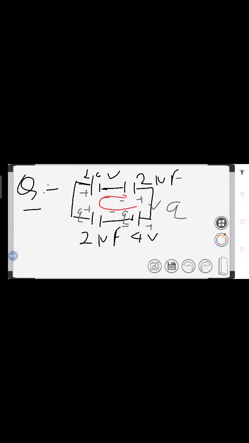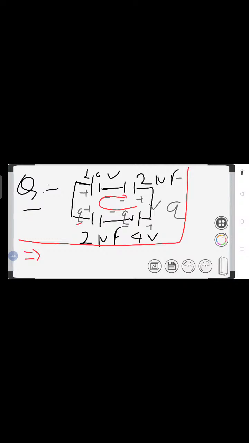Let me talk about what the equation will be. Let me start from the 10 volt DC supply. By applying KVL, we take the sign from positive to negative.